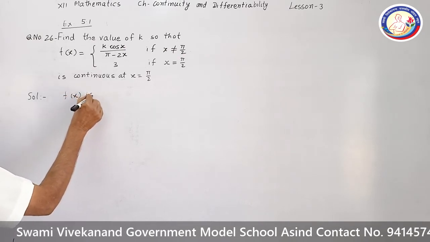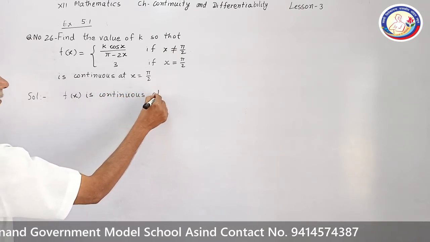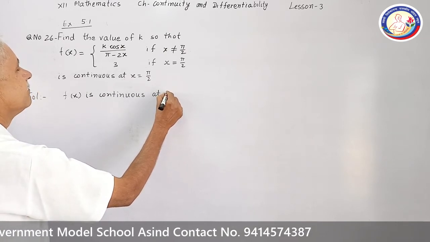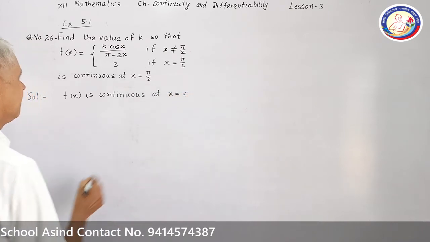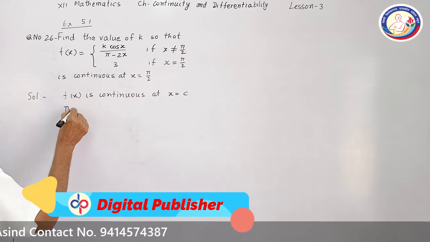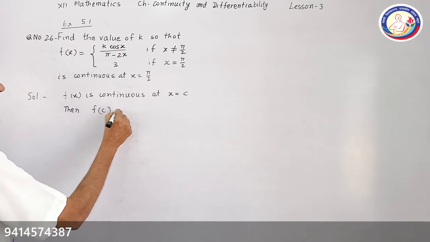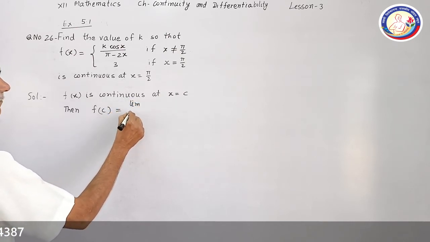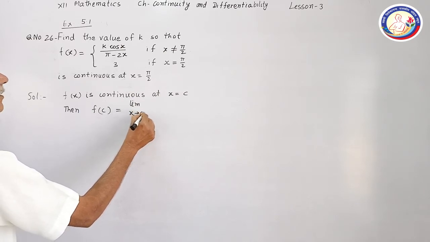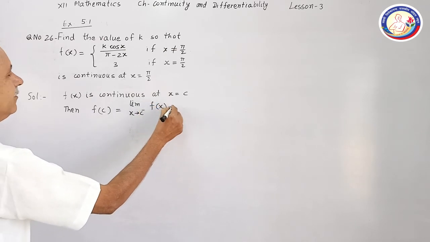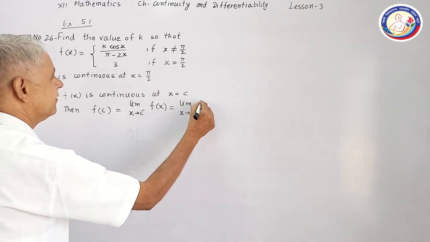If f(x) is continuous at x equal to c, then f(c), the value of the function at c, is equal to limit x tending to c minus f(x), which will be equal to limit x tending to c plus f(x).